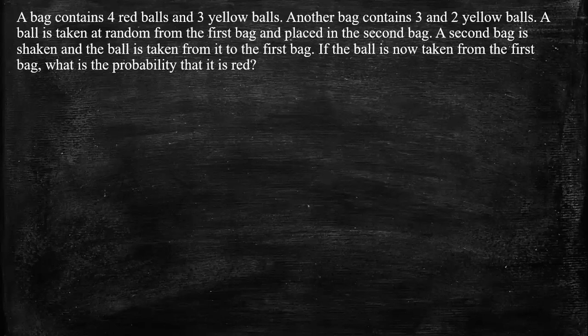Then the second bag is shaken and a ball is taken from it to the first bag. So if a ball is now taken from the first bag, what is the probability that it is red? Let me give you 1 minute to read and understand the question more so that we do it together.